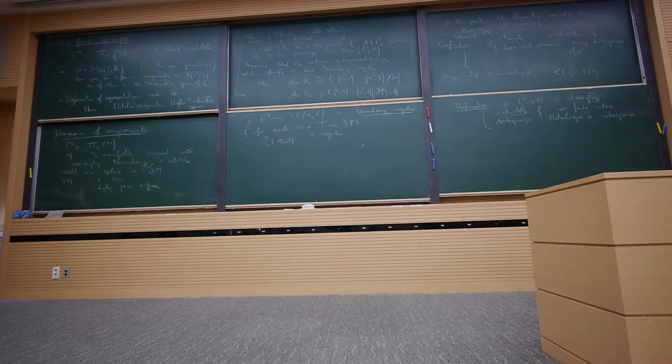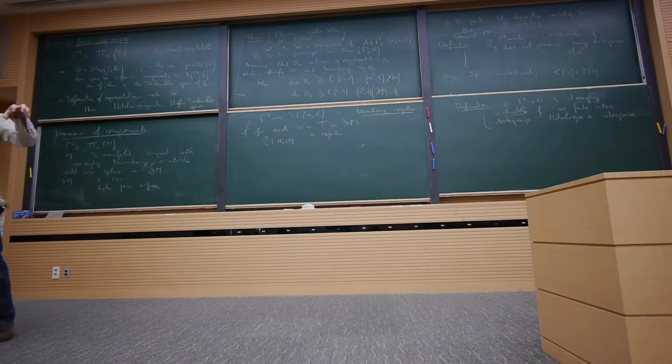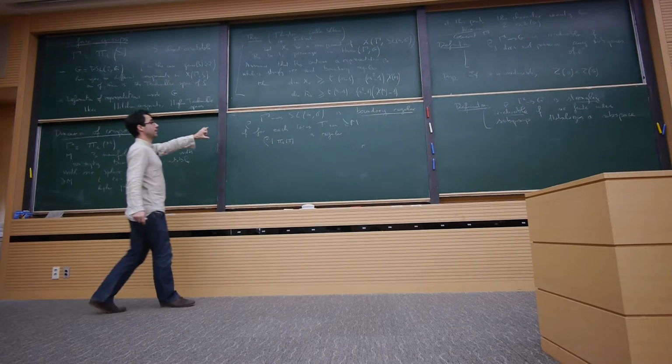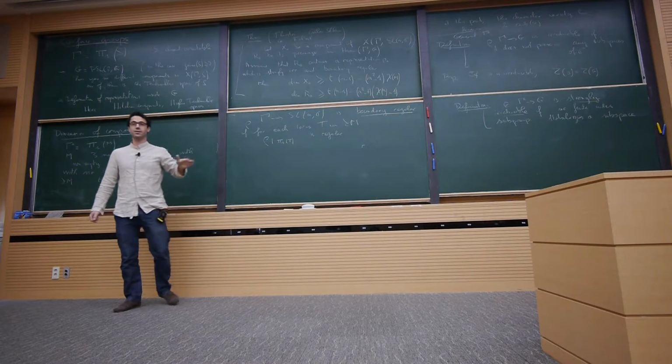Okay, so I will pretend, more or less for all my talk, that the fundamental group of the torus is included inside the fundamental group of the manifold, which is not exactly true. Okay. So this is the definition of boundary regular.